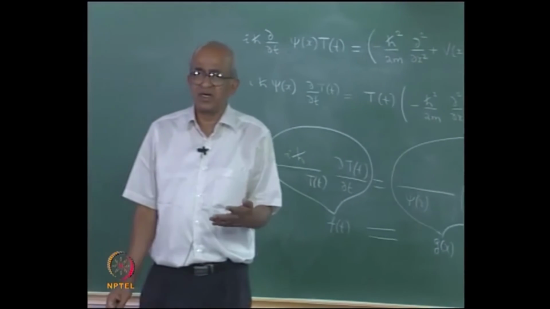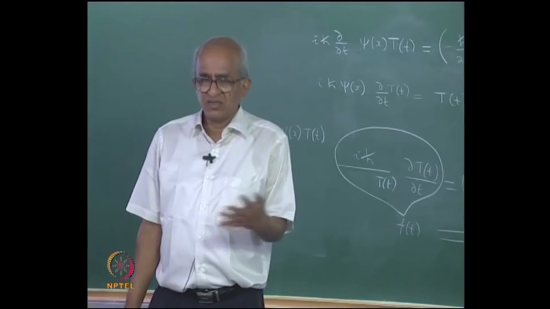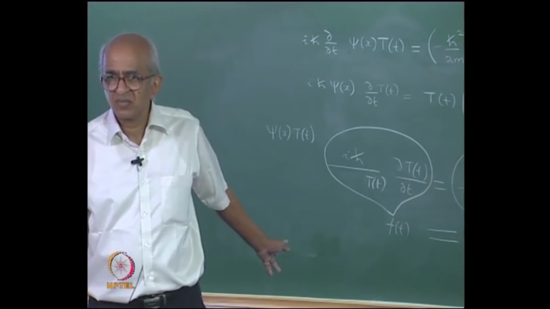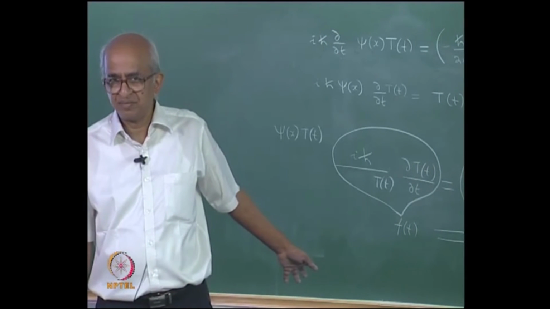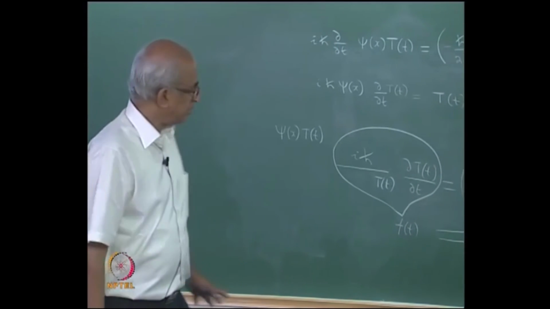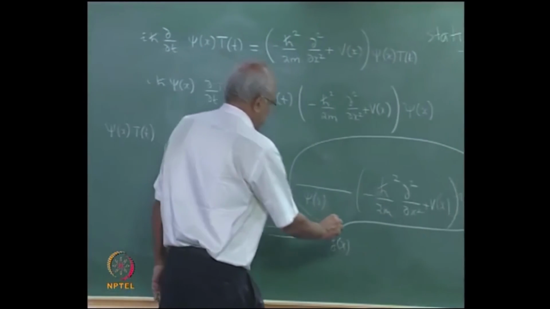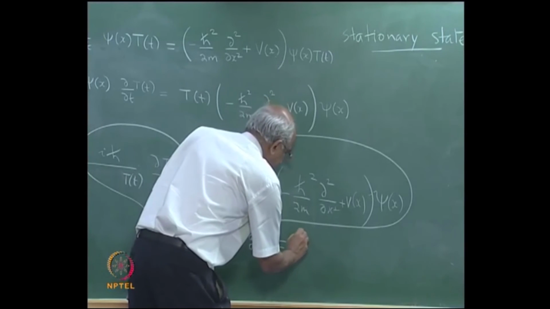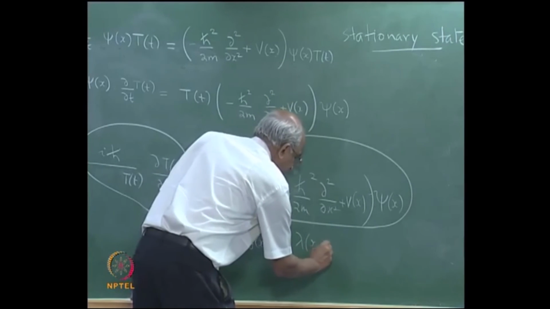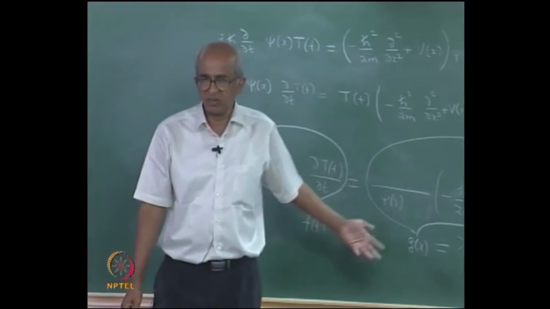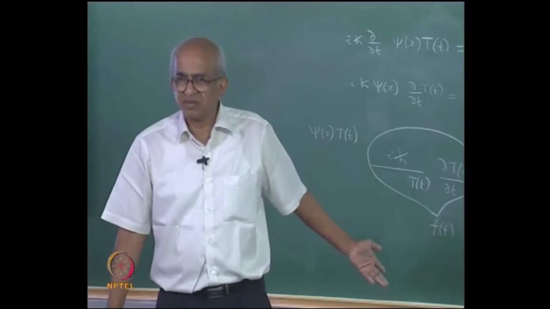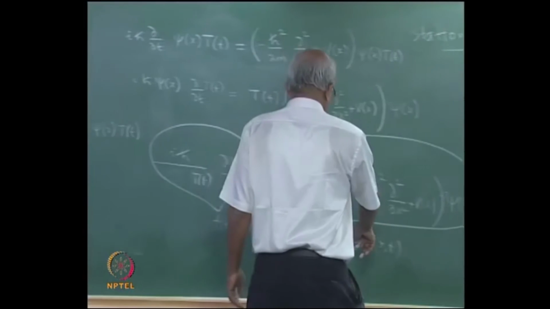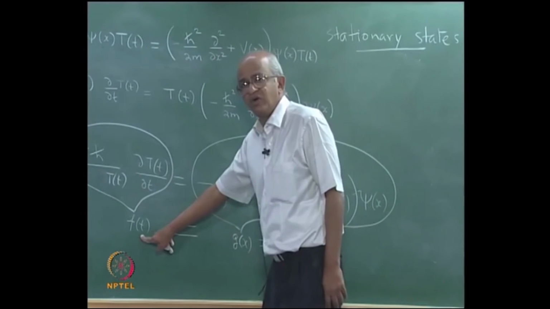How can that be satisfied? Well, it is very easy to argue that such an equation implies that both of them have to be equal to the same constant. Let me argue that. In general, at the most what may happen is that both of them may be equal to some function which I may denote as lambda, which may depend upon x and t, that is all. But then this lambda, you see, is equal to a function of time alone.